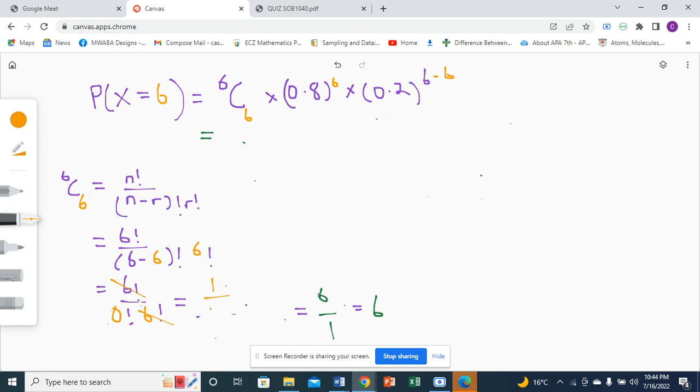We have 1 over 0 factorial, which is 1 over 1, which gives us 1.